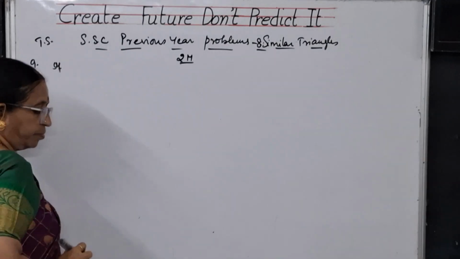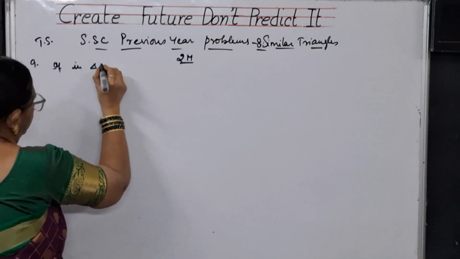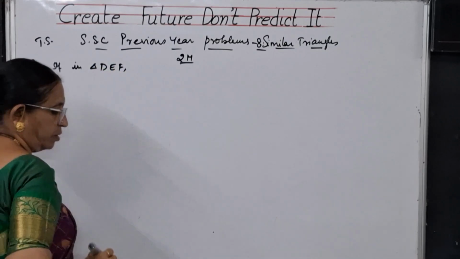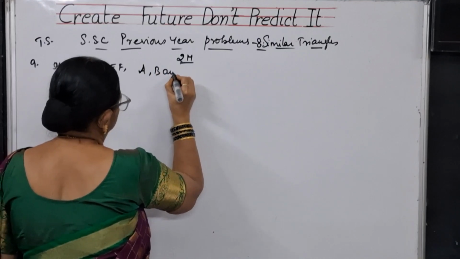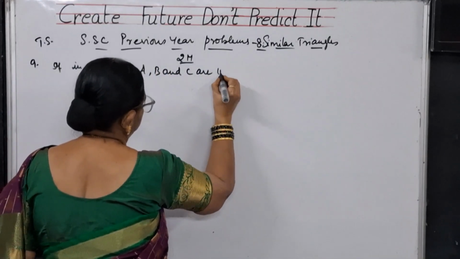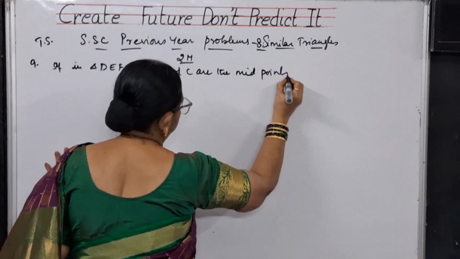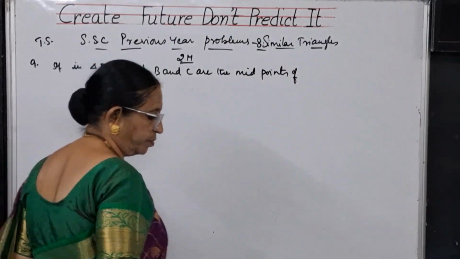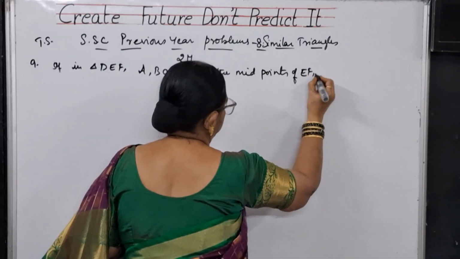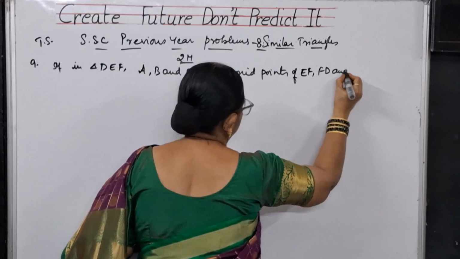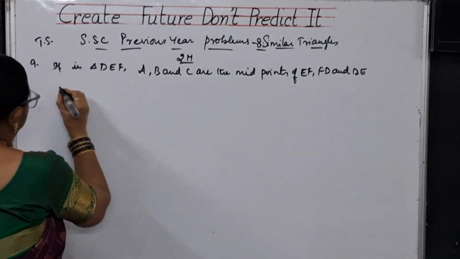If in triangle DEF, A, B and C are the midpoints of EF, FD and DE respectively.